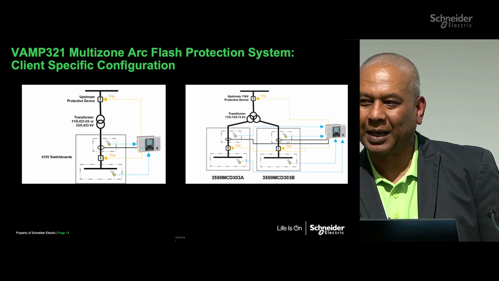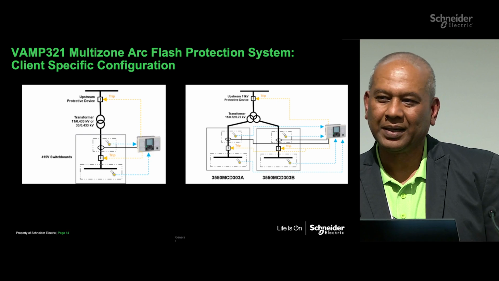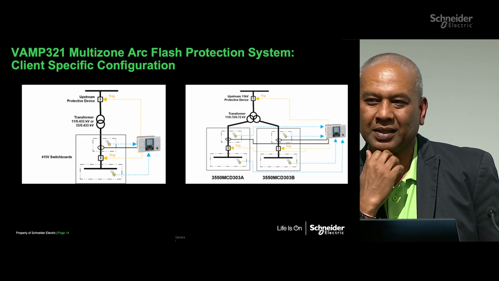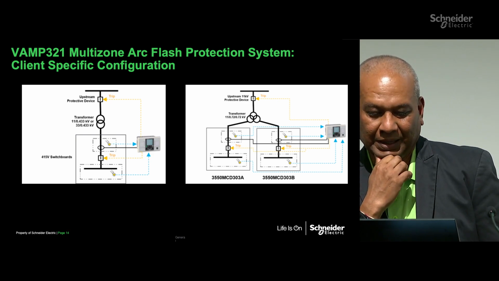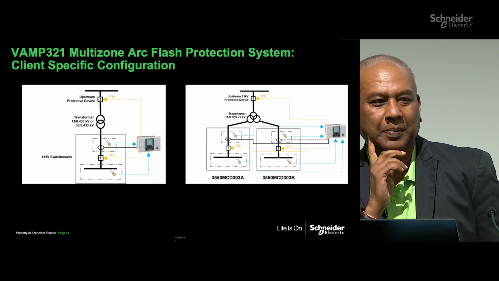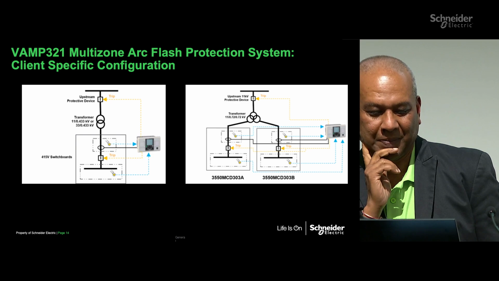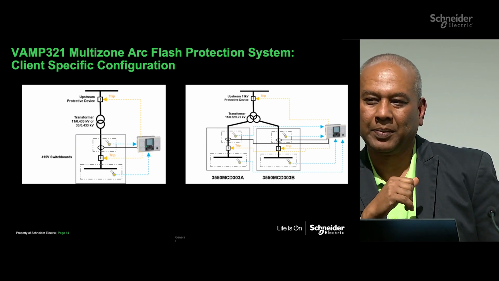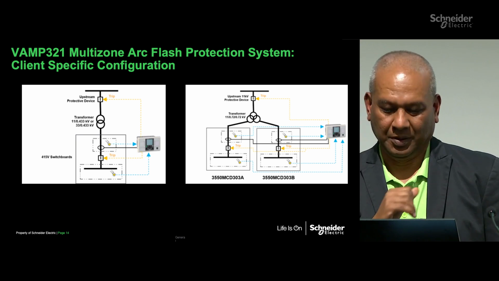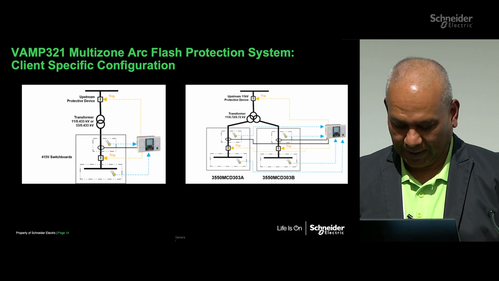It's only the incoming cable compartment and the cable side, which is under no protection if you don't trip upstream. So some people live with it. Obviously, they make sure people don't go to that part and don't open that compartment. But the other parts of the board are protected by the incoming breaker that protects that network.